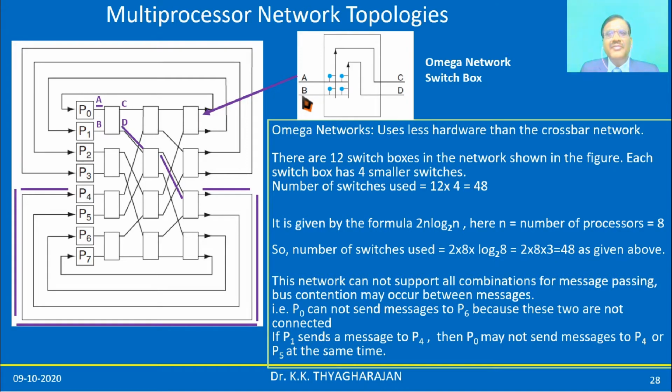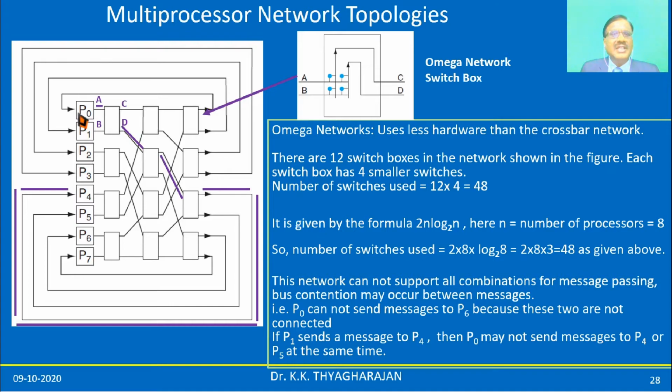Similarly, if B is to be connected with C, then this switch should be closed. So the message will pass like this. Similarly, B can also be connected with D by using this switch. Now you come here. This switch box will have 2 inputs and 2 outputs.